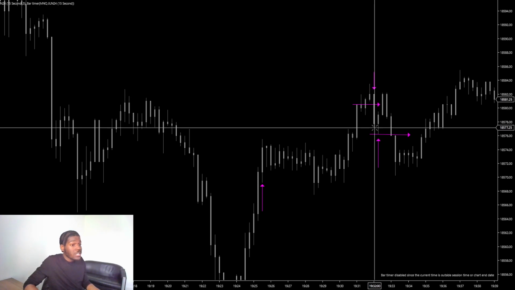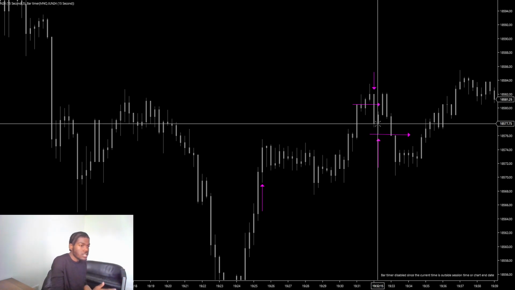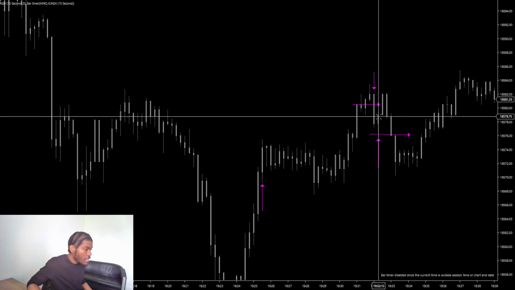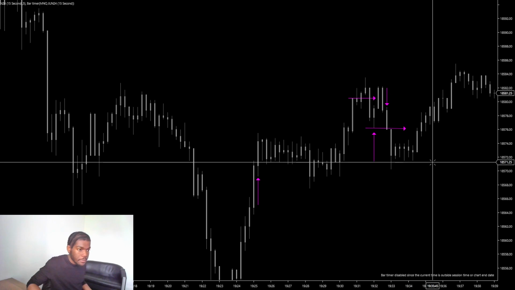So in order for us to see a new down candle to be valid as the last down candle, we need to see a move below that lower low created by an up candle, in which we see here.